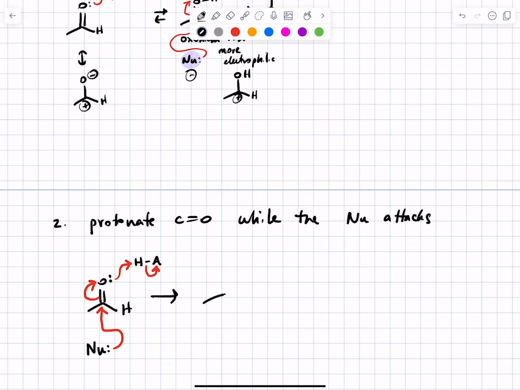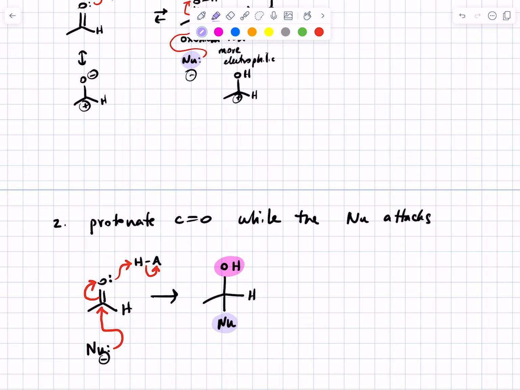And that will get us to an intermediate that looks like this, in which we go straight from the carbonyl and the nucleophile to the neutral tetrahedral intermediate where the oxygen is not negatively charged. Does that make sense?